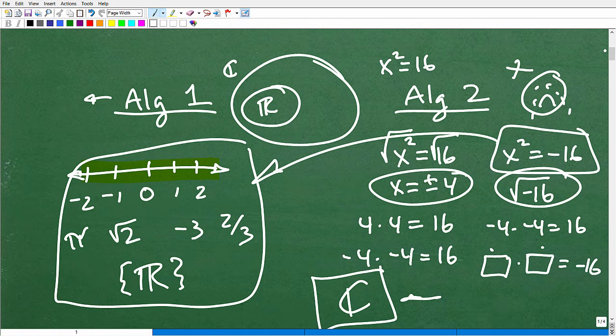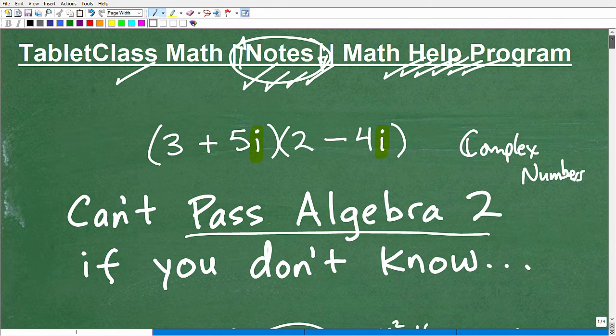And if you are taking notes, paying attention to your teacher, then you'll be like, oh yes, I know exactly why we're doing this. And it's important because this stuff will come up again in the future, especially if you continue to take more math. And I hope that you do continue to take more math beyond Algebra 2, because math is so cool. Trust me, you'll love taking more advanced math, especially calculus and beyond.